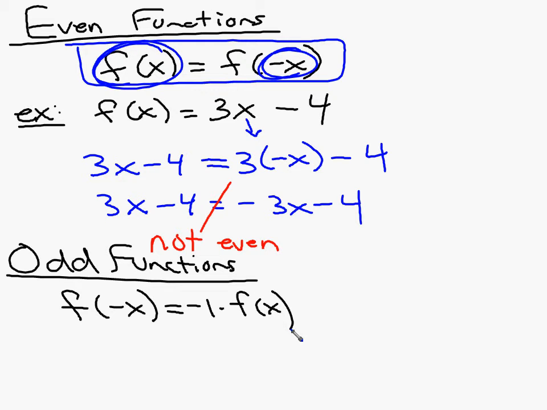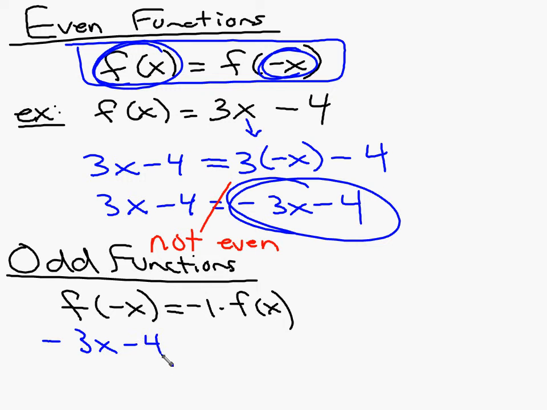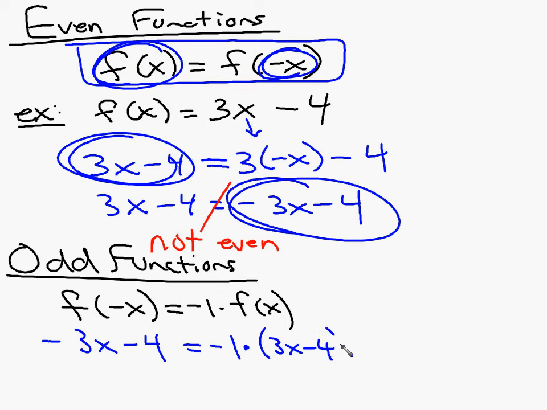So if I want to see if this function is odd, then I just complete the test. I already know what f of negative x is. F of negative x is this. So f of negative x is negative 3x minus 4. And then I want to check to see if negative 1 times the original function, times 3x minus 4, is the same thing as that.